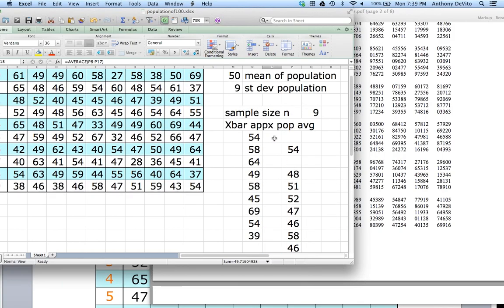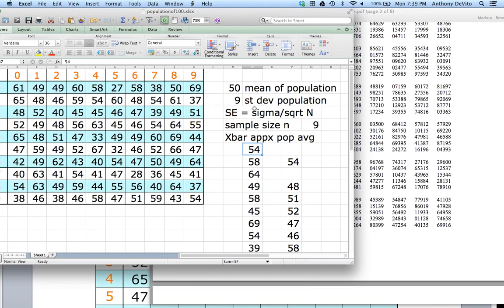And I also told you that the standard error is going to be equal to the standard deviation of the population, sigma, divided by the square root of the sample size, square root of n. Well, sigma is 9. If we divide that by the square root of the sample size, which was 9, square root of 9 is 3.